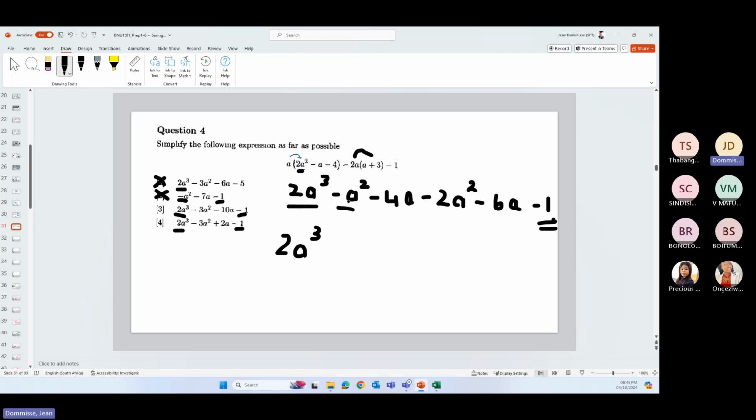Minus 1a minus 2a, so that is minus 3a to the power of 2. Minus 3, minus 3. Okay, not there yet. Minus 4, minus 6, so it's minus 10a. Okay, so there we have minus 10.